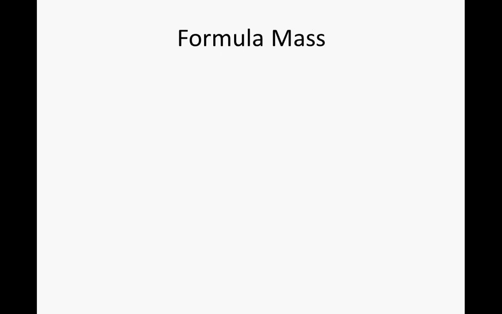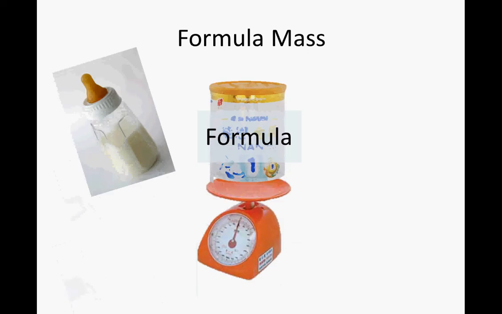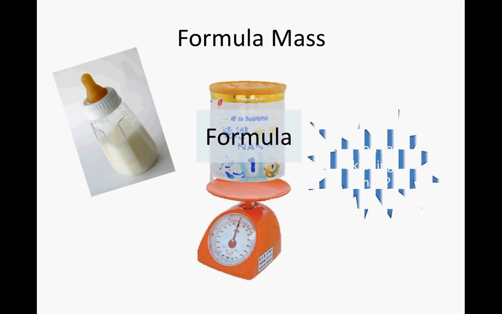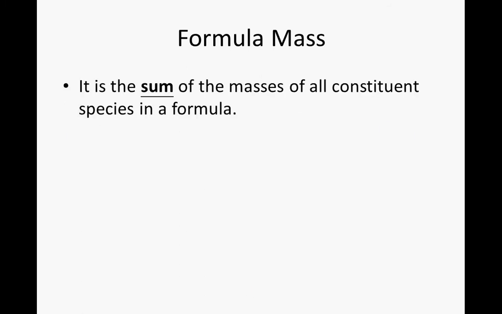Okay, next we'll go to the formula mass. Formula mass is based on the relative atomic mass that we just discussed. Okay, what is it? Is it this formula mass? No, of course, just kidding. Formula mass should be the sum of all the masses of every constituent species in a formula.